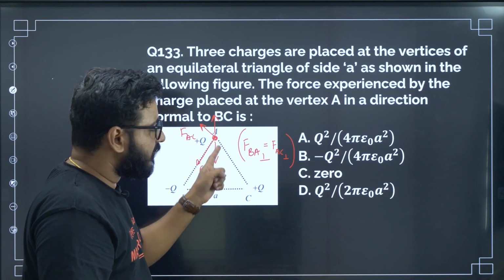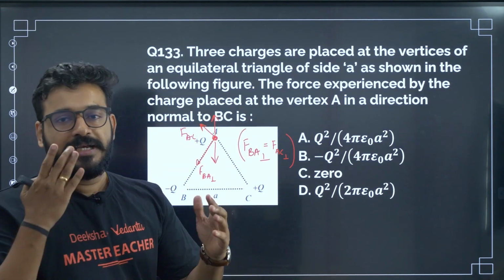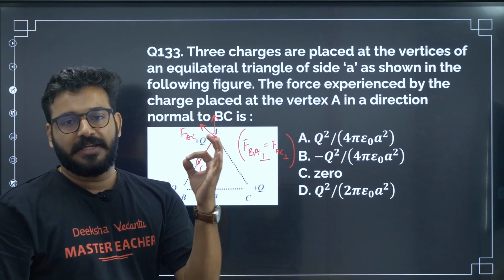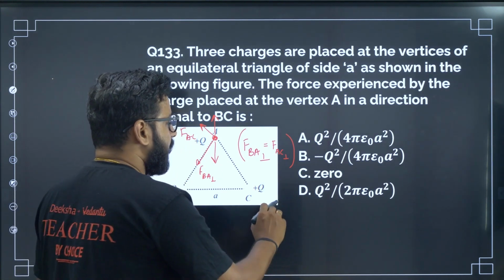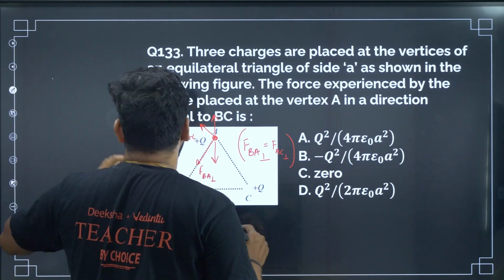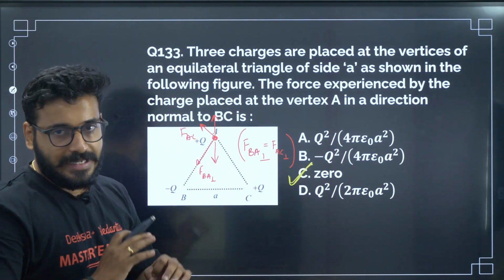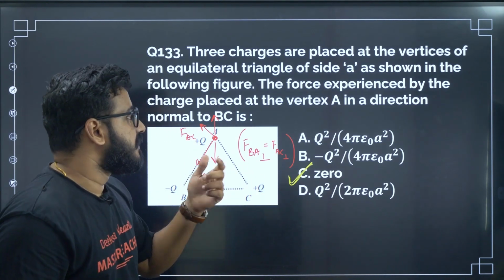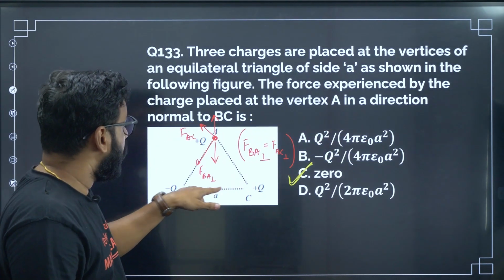So both the forces are having same magnitude, but in the opposite direction. Same magnitude, opposite direction will absolutely give you the result that they will cancel out each other, and ultimately the correct answer over here is two equal and opposite forces up and down, they will cancel out and you will get the answer 0. Okay, because they have specified in the direction perpendicular to BC.